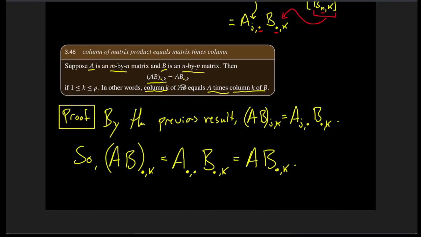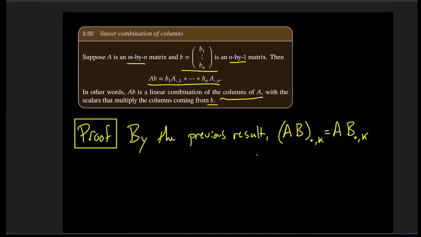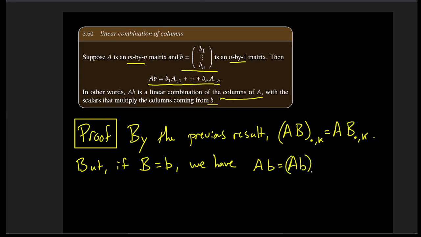The kth column of AB is equal to A times column k of B. But going back up here, if b is the little b that we've got right here, which is an n by 1 matrix, we have Ab is equal to, well, it's just going to be A b_{·,1}. It only has one column anyway, right?